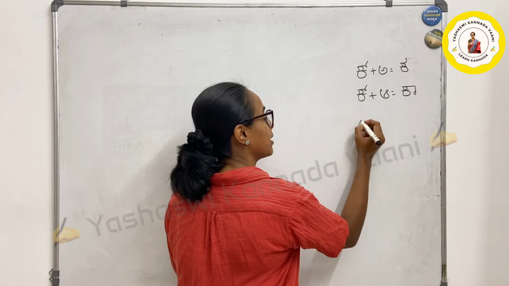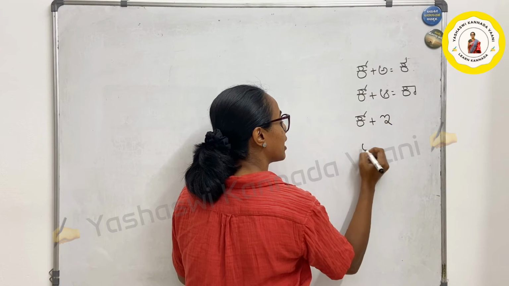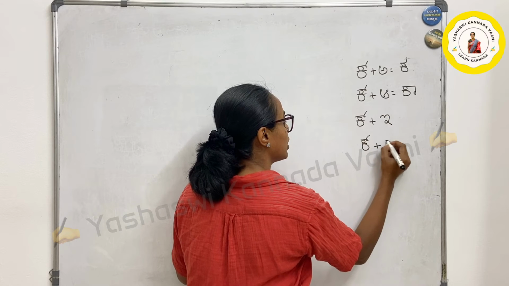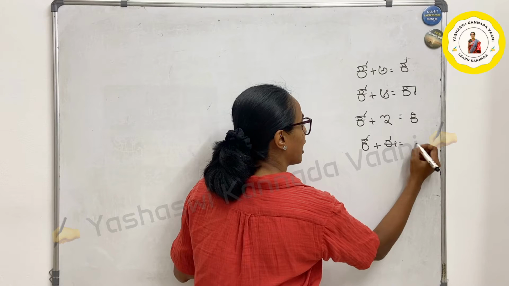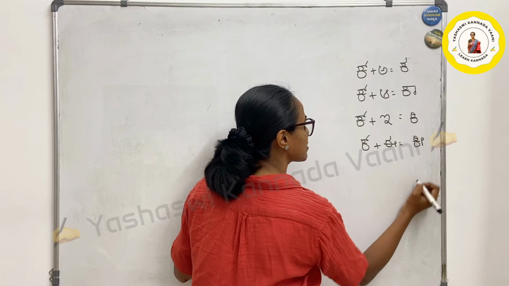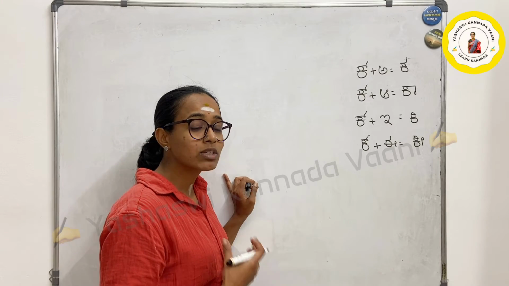Yesterday we learned how to combine k with i and ee. It's very simple. I write the letter as it is and add a small mark next to it. This is the sound that we learned.